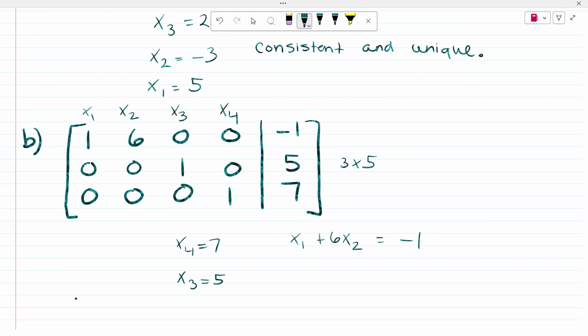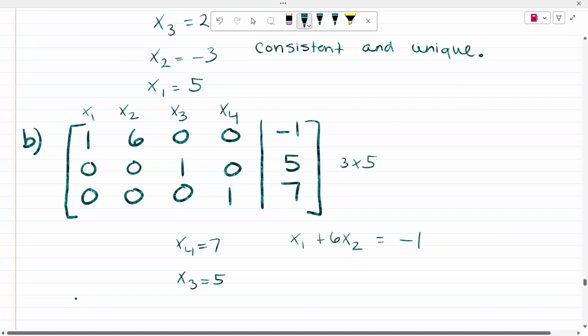We know that this is x4, 7, x3 is 5, and then this is x1 plus 6x2. I think x2 is going to equal x2. That makes it a free variable.